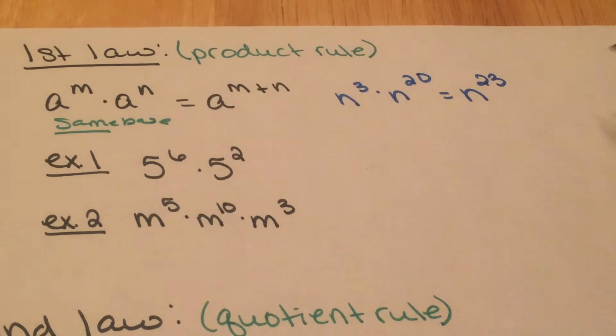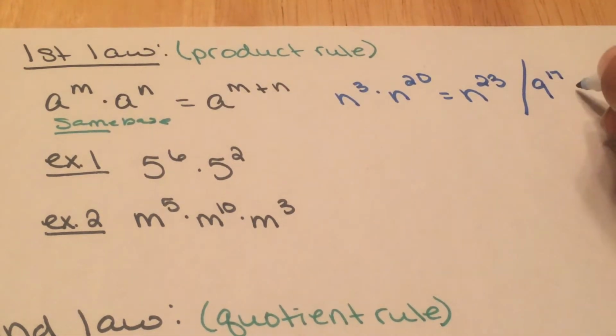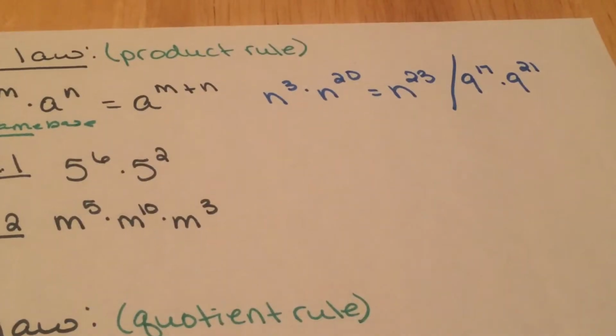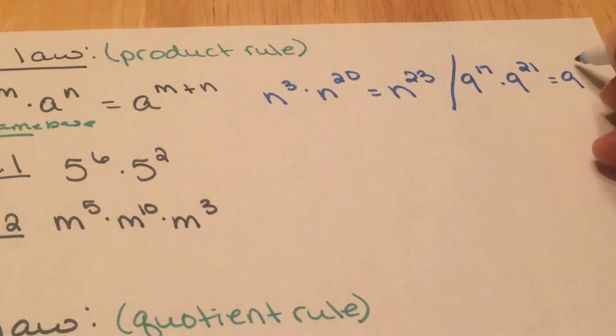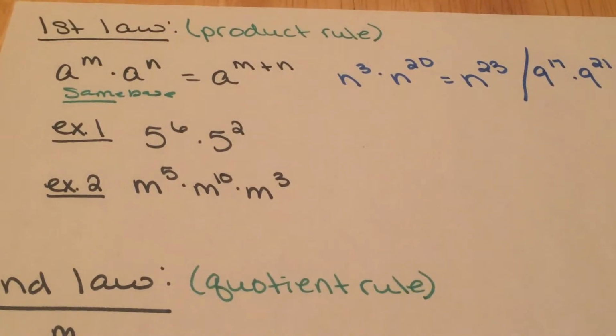If we look at this with numbers, we might see something like 9 to the 17th power times 9 to the 21st power. Again, the bases need to be the same. Because we have the same base, which is 9, we add those two exponents together and get 9 to the 38th power. Okay? Why don't we try some examples on your own?